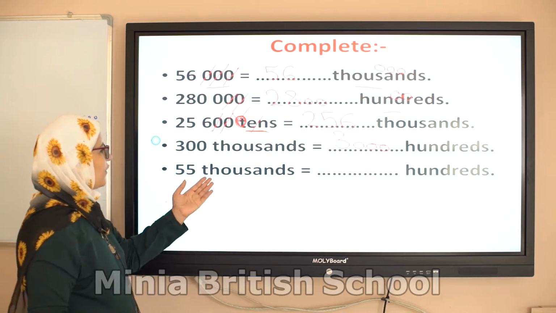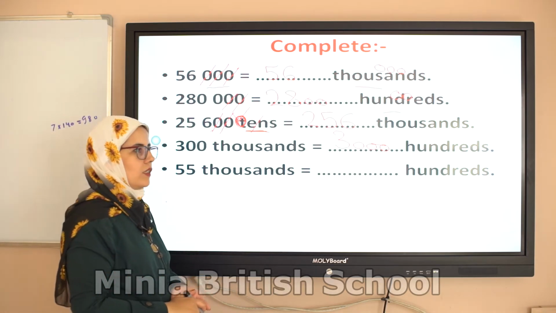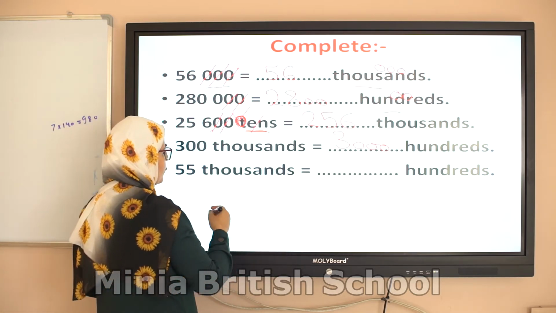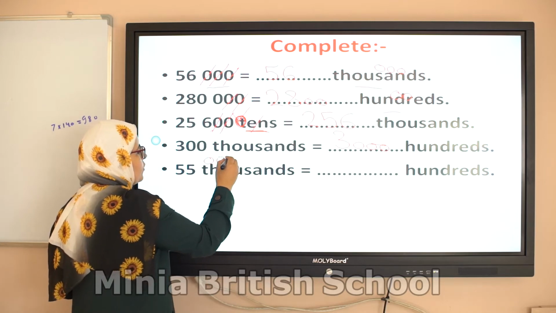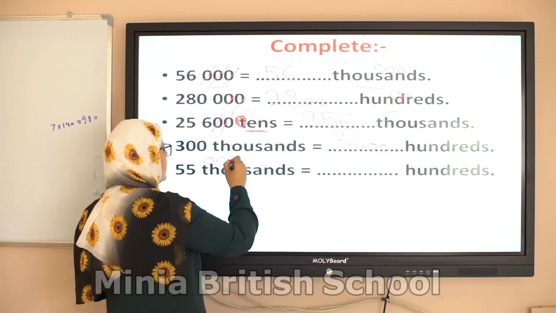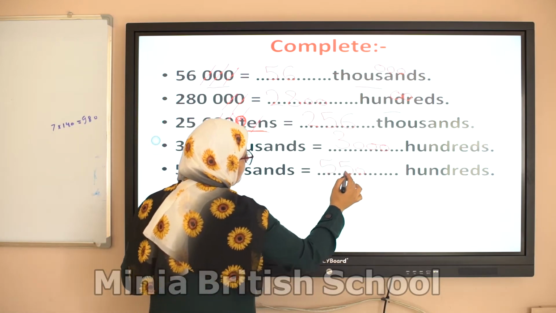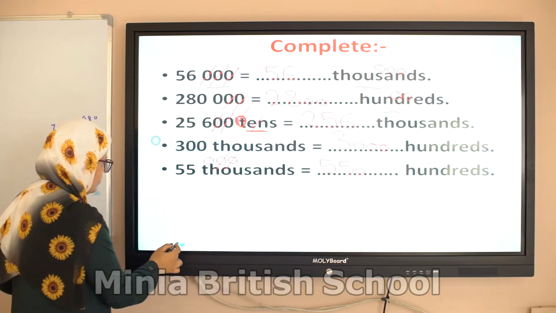Here we have 55,000 equal how many hundreds? 1,000 means 3 zeros, and hundreds mean 2 zeros. So here we have 3 zeros, and here I will cancel 2 zeros, so it will be 550. That's it.